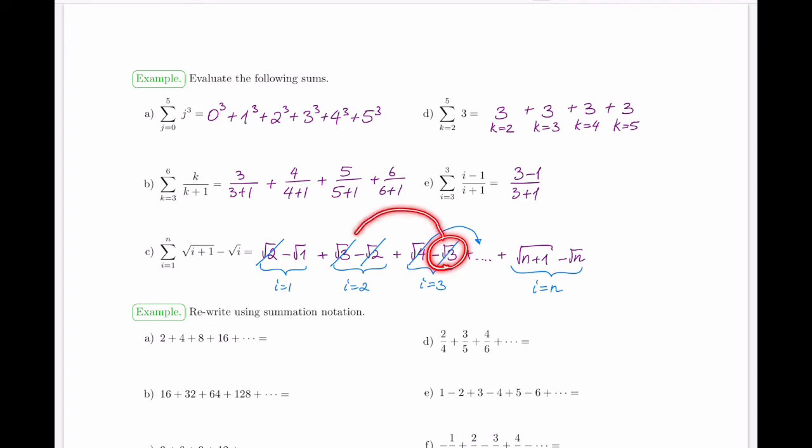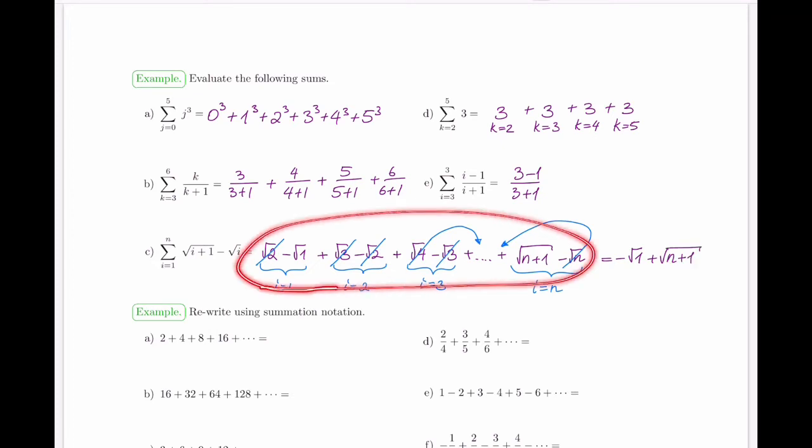And you can see that it appeared in the previous index expansion. So this minus root n would have actually appeared in the previous step with the positive sign. So this would have canceled with something right before its time. And the only terms I will have left will be minus root 1 and square root of n plus 1. This entire sum has collapsed into something really small.